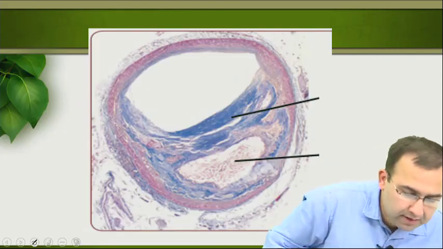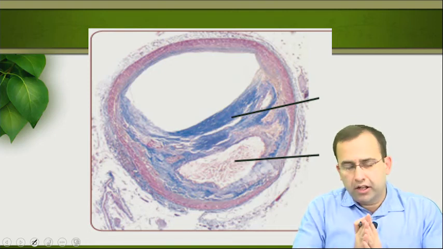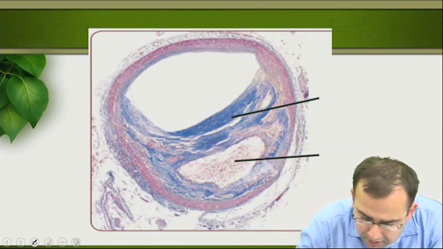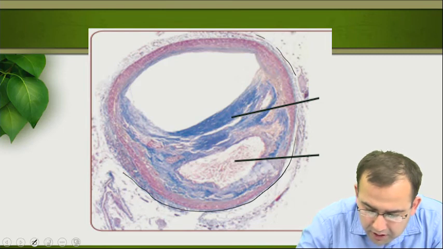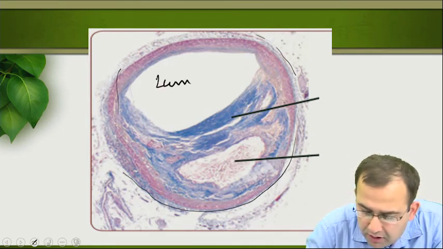Next, diagnosis. Now be unbiased. When you see this slide, you know that this is a blood vessel in which the lumen is narrowed. Only this much is the lumen now.